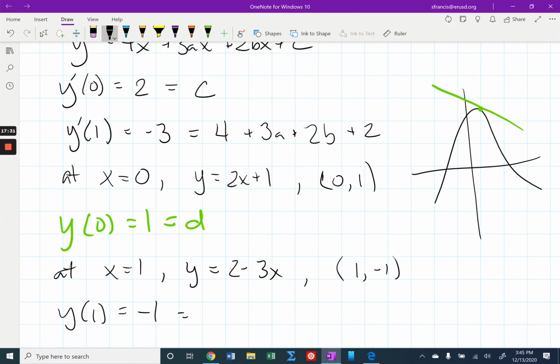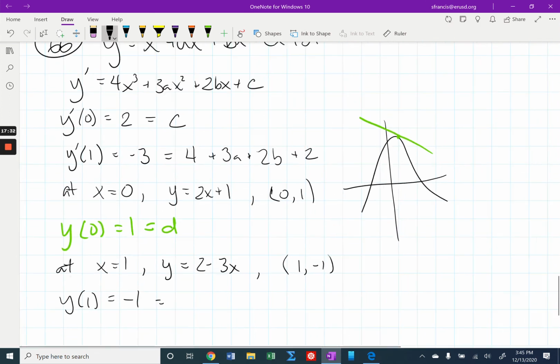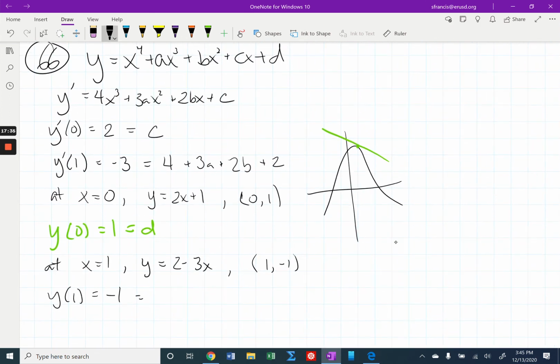Plugging in 1 gives me 1 plus a plus b, plus c, which we know is 2, plus d, which we know is 1. Now we need one more relationship to figure out a and b.